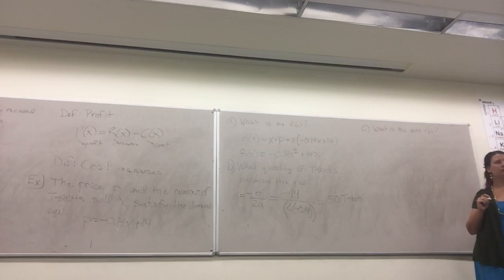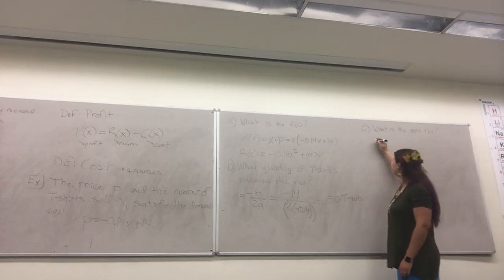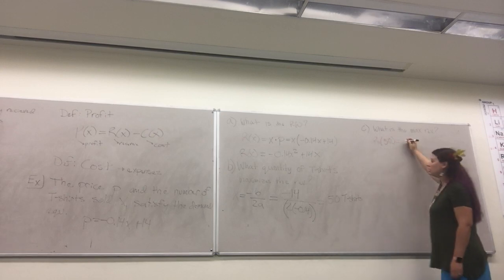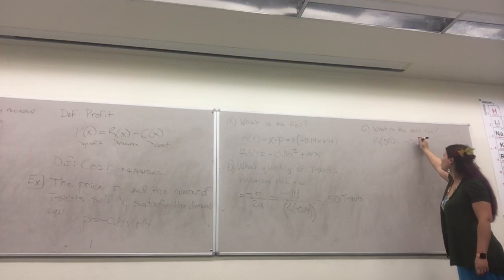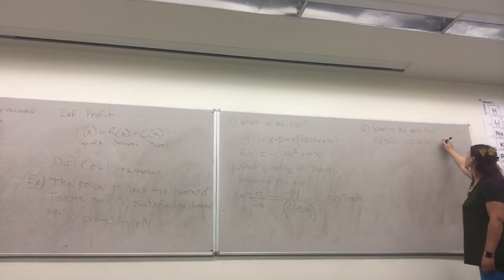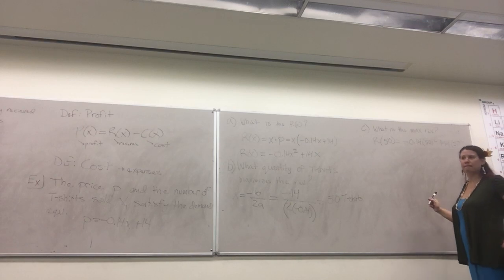Plug it in. Plug it in to what? The original R of X equation, right? So R of 50 is equal to negative 0.14 times 50 squared plus 14 times 50, right?